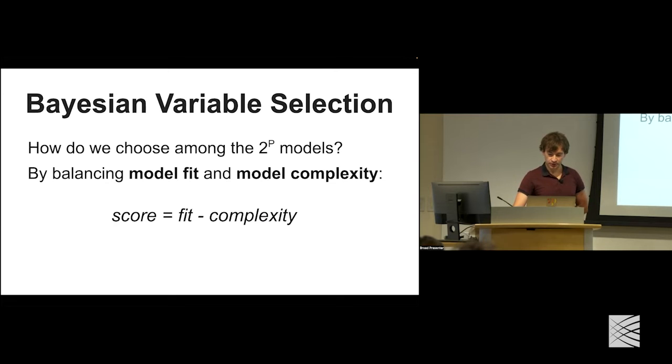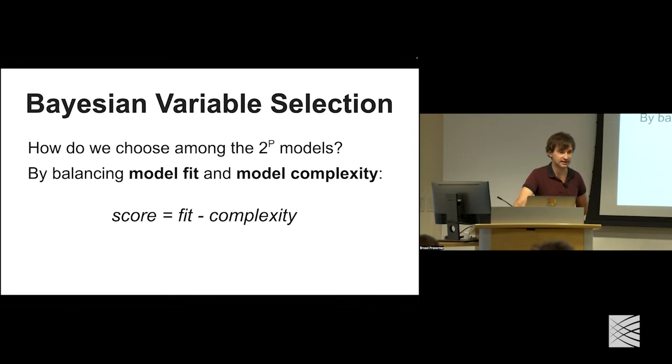Okay, but before we get to strategies about how we might actually search this space, we need a criterion to tell us which models we prefer, right? Because some models in this space are better and some are worse, and we want a clever criterion that helps us choose amongst these different models. And as is commonly the case in various parts of statistical machine learning and elsewhere, the way we're going to do that is by balancing model fit and model complexity.